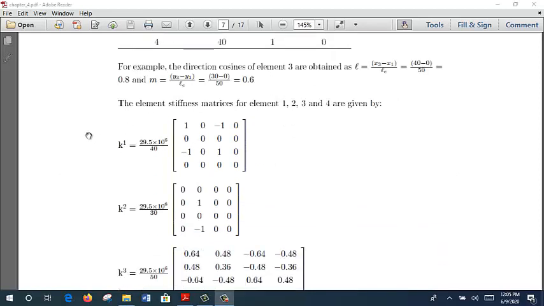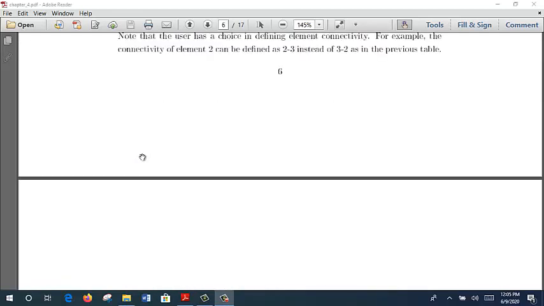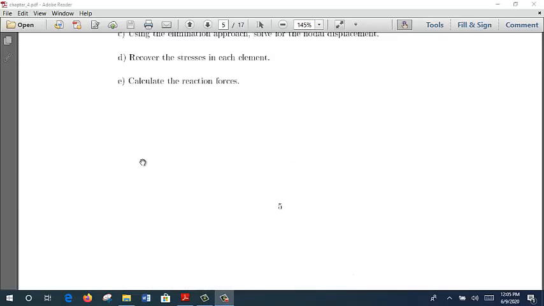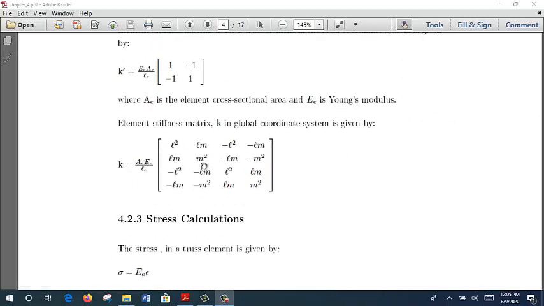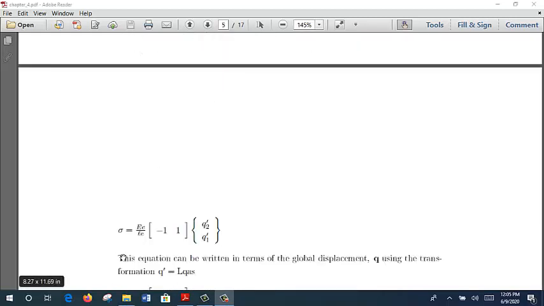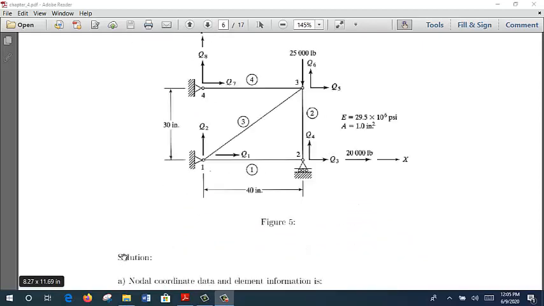So the first question that you still remember is asking you about the stiffness matrix for every element. This is very straightforward. If you still remember our formula for the stiffness matrix, you implement all these things and substitute the values of L, l and m.